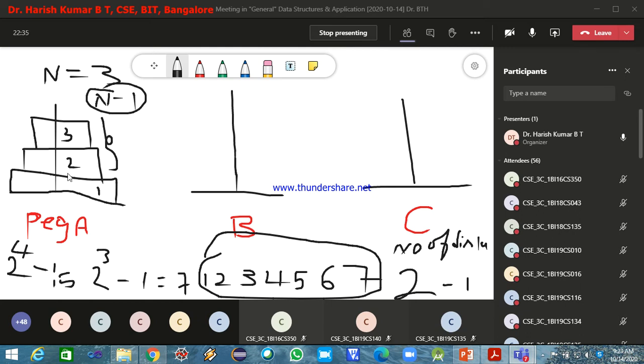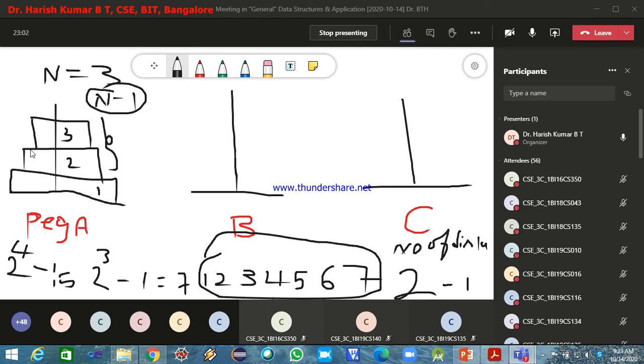To shift this lower disk to the destination peg, I want this n minus 1 disks to be present on the peg B. So only when I make these n minus 1 disks to be present on B, it is possible for you to shift this bigger disk to the destination. Yes or no?